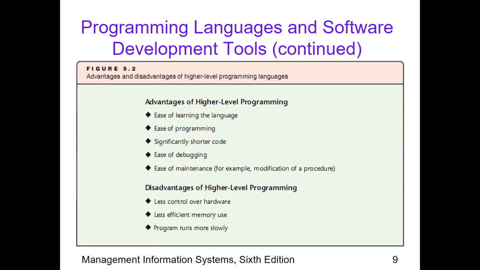Disadvantages of higher-level programming would be less control because there's ease in learning the language. So in that case, more people can have access to certain devices, given that they have ways of accessing, and then they can also feed instructions to our hardware.